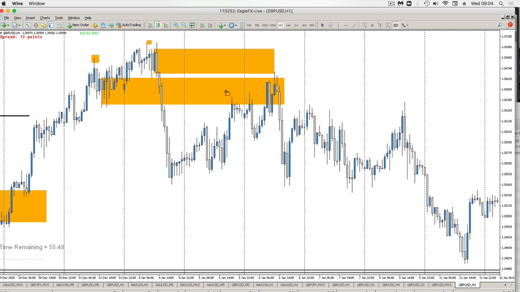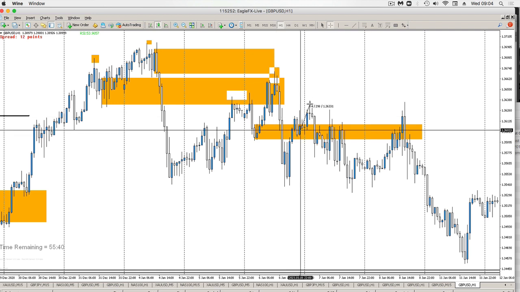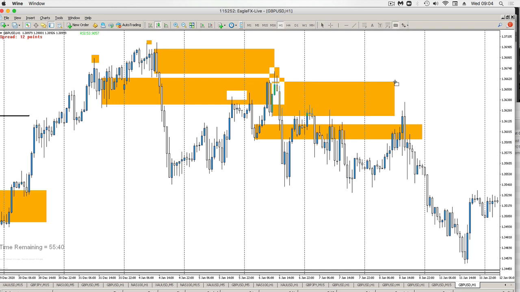Again, we have a high, a higher high. This one does get fired through a few times, but this is why we try and refine our entries. And also, a good thing to do sometimes is find the order block.